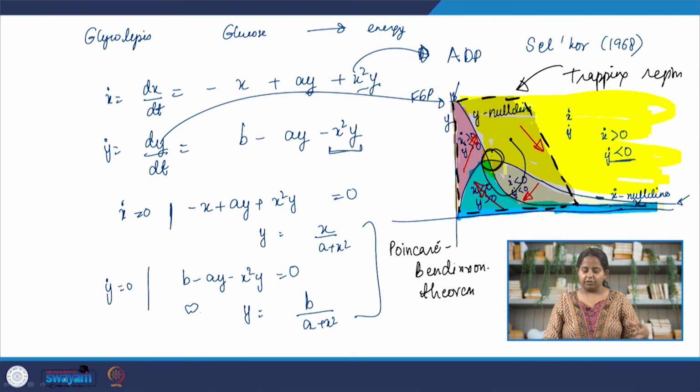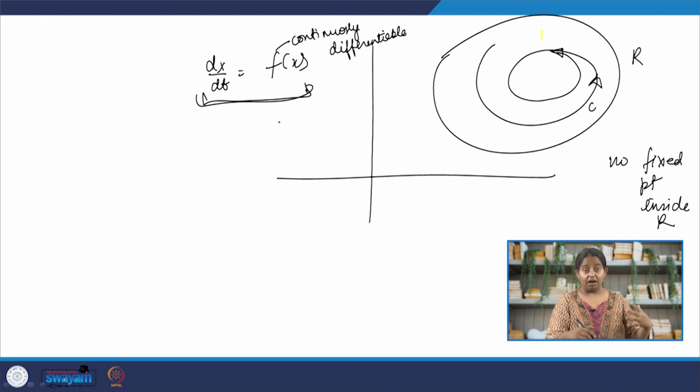So in today's lecture, we talked about limit cycles. I introduced you to a very simple limit cycle example, and then we started discussing the glycolysis model, and I told you about the trapping region. When you see a trapping region in your null-line flow diagrams, you should start thinking about whether, because in a trapping region, now we are dealing with R, the trajectories are trapped, they are not going to leave.